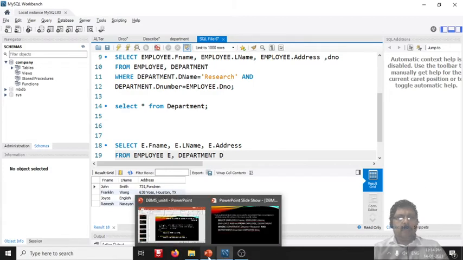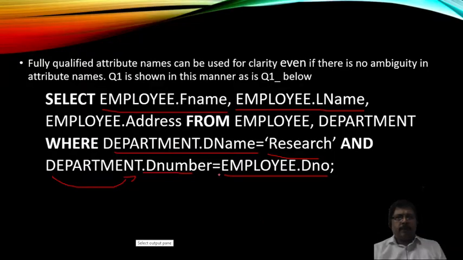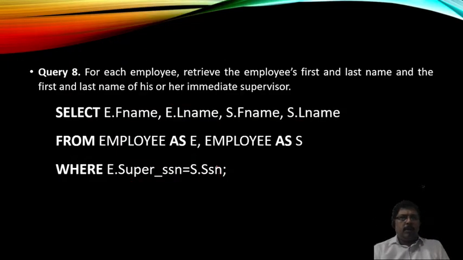Similar concepts we can have. One more example is here. Here we can go with another concept. We have selected E.fname, E.lname, S.fname, S.lname. See here, we have used a self join.